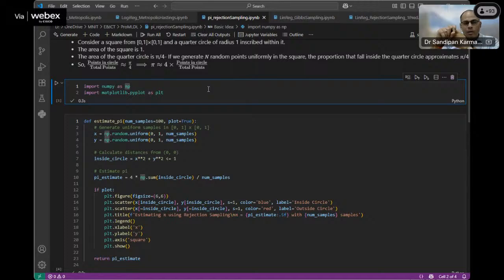Now x and y coordinates I have generated, and I am putting them in the expression x square plus y square less than or equal to 1. If this is satisfied, then the point is inside the circle, and if it is not satisfied, then it is outside the circle. I have to find out how many of the points are inside the circle. Is it okay?